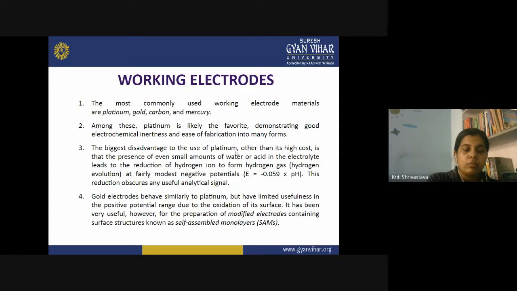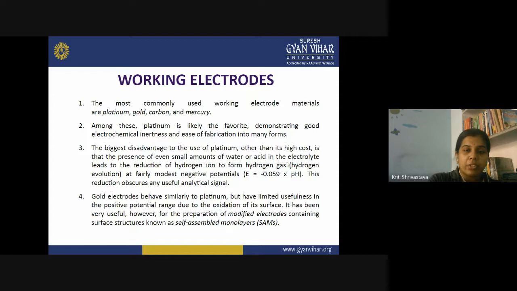So you can see that the platinum electrode has two big disadvantages. One is that it is a really costly metal, and second, even if only traces of water or acid are in your analyte solution, or if by any chance your analyte contains H+ ion, then the platinum will promote the reduction of your proton to form hydrogen gas.